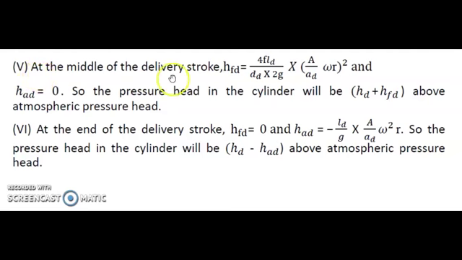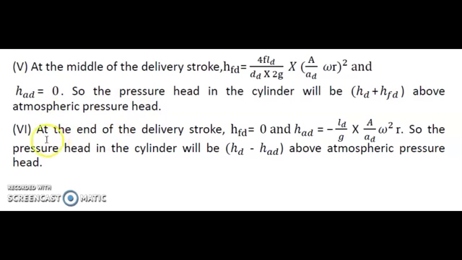At the middle of the delivery stroke, HFD is equal to 4FLD divided by dd into 2g multiplied by (A upon AD omega r) square, and the value of HAD is equal to 0. So the pressure head in the cylinder will be HD plus HFD above atmospheric pressure head.